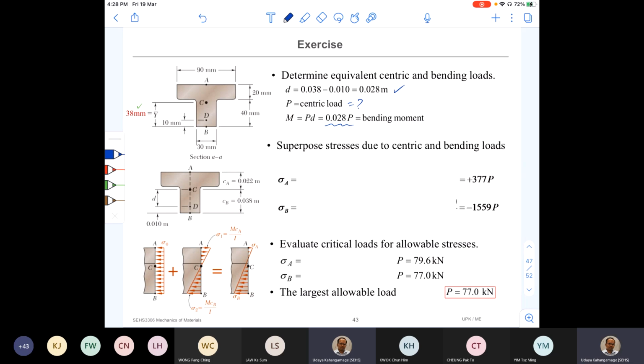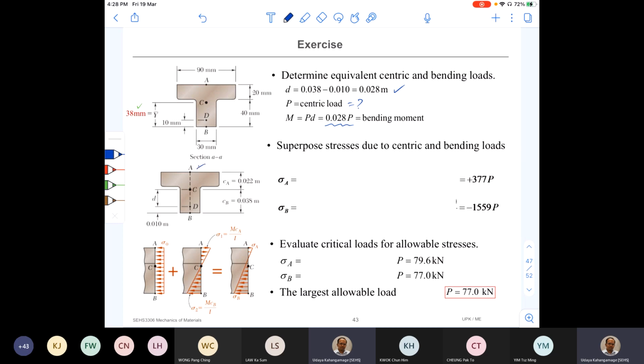Okay, right. Now it is time for me to find out the stress due to axial force first. Oh, sorry. I'm going to find out the stress at point A and B because A is under tension, right?